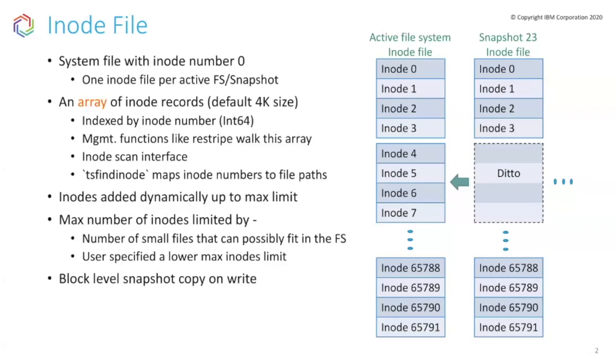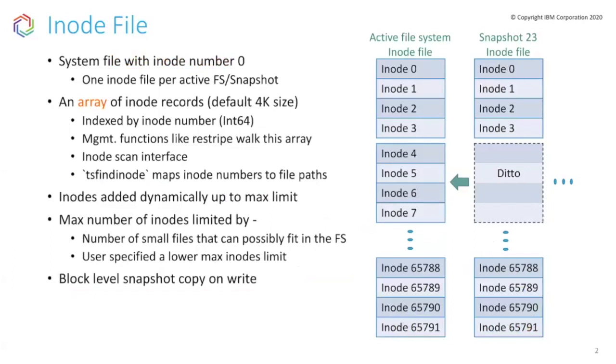And the heuristic really tries to estimate how many small files you can fit into the file system's data space. So depending on how many disks you have in your file system, it will try to estimate how many files that translates into, and that would be the upper limit of inodes you can add to the file system. The user specified limit has to be lower than this, otherwise you get an error. Right, so that's some basics on the inode file.